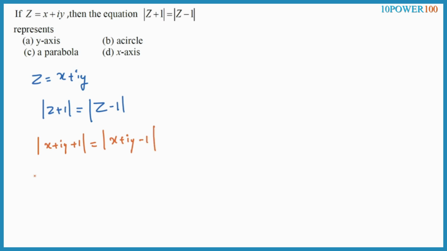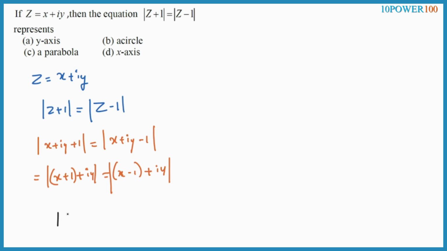Before taking the modulus, we'll write this as x plus 1 plus iy is equal to x minus 1 plus iy. So now it is in the a plus ib form, and we have to find the modulus.